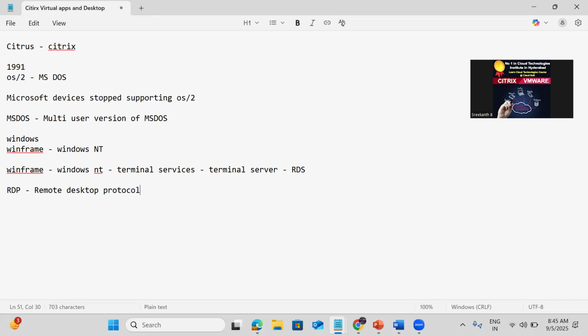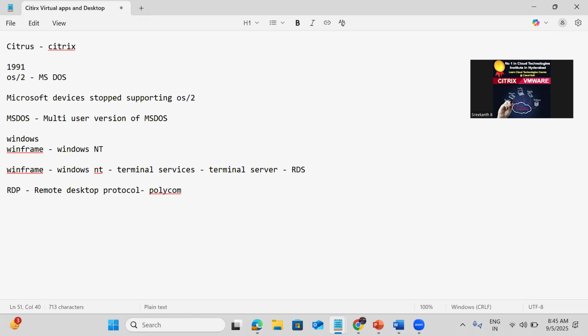Microsoft did not develop the RDP protocol on its own. There was a company called Polycom, and from them they got a remote connection tool, something like the remote connect in Windows 95 that we used to connect to remote machines. The RDP protocol came from that.